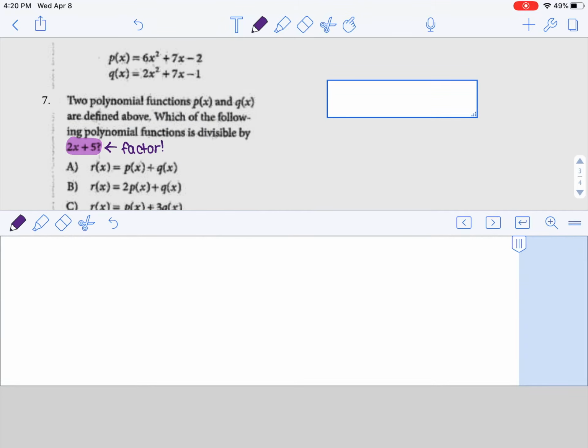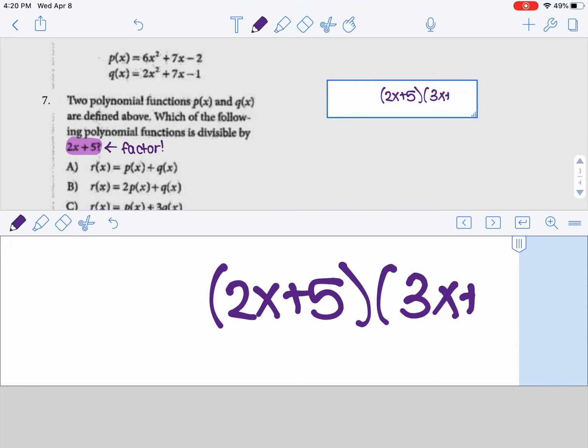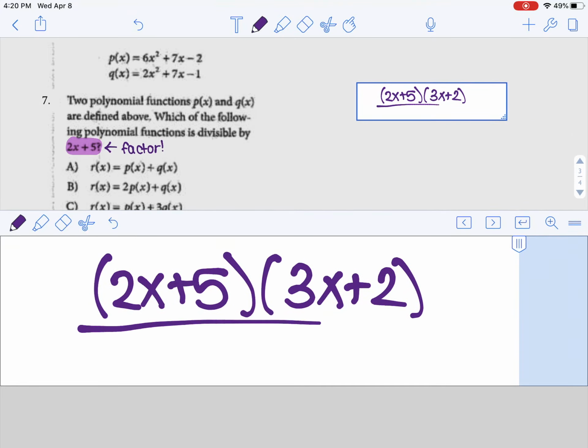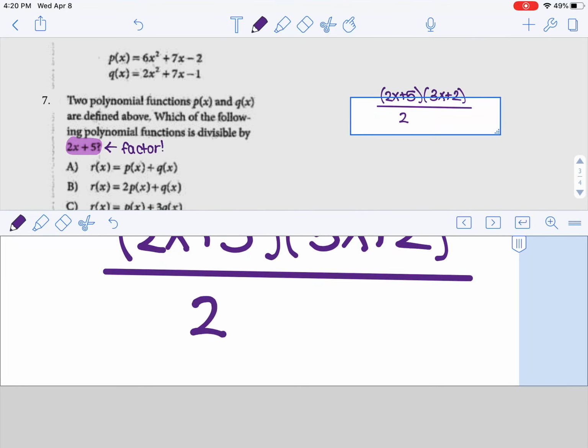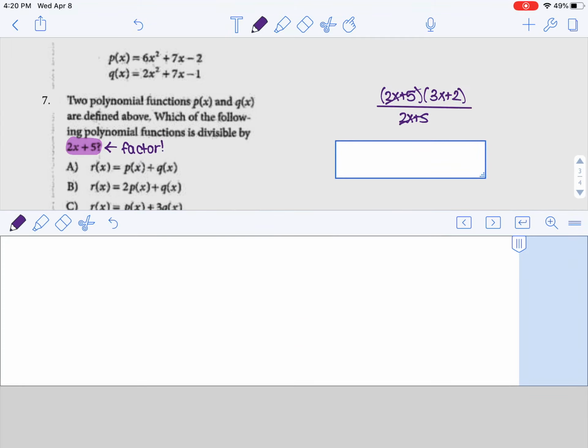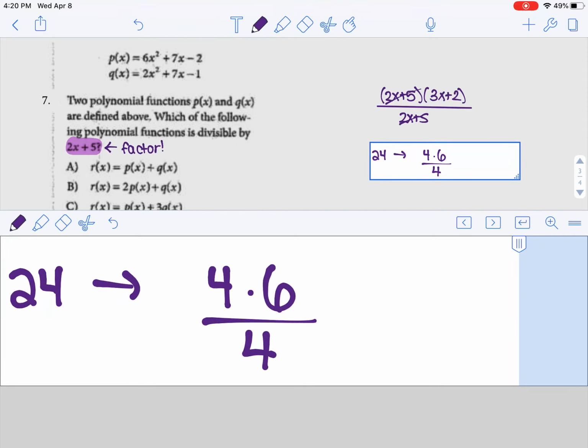Because if it's a factor, let's say 2x plus 5 along with 3x plus 2 is a factor, then if I divided by 2x plus 5, those would evenly cancel. If 2x plus 5 was not a factor, then they would not evenly cancel. It's the same thing as if I had, like my number 24, the factors are 4 times 6, for example. So 24 is divisible by 4 because 4 is a factor of 24.